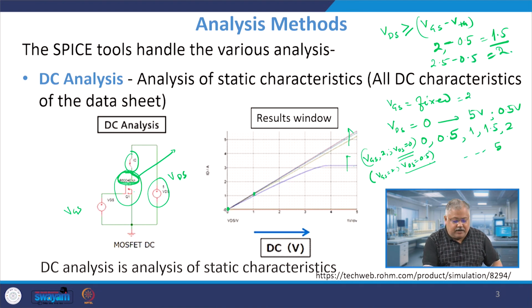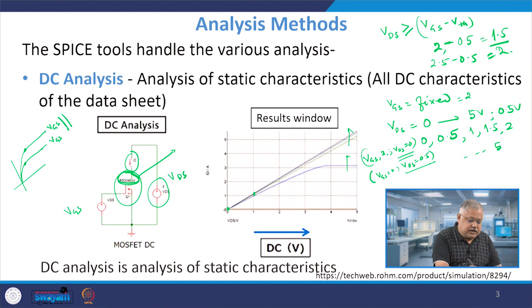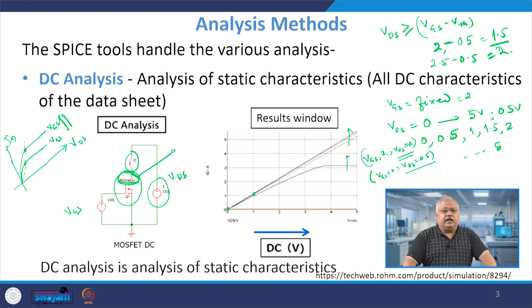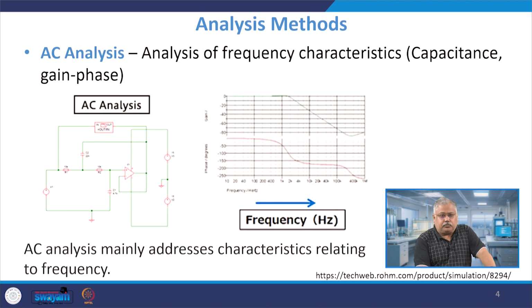So, what happens to your IV characteristics, which was starting from here, the saturation will start from here. So, this is your VDsat here and this is your VDsat. As the value of VGS goes on increasing in this direction, the VDsat value also tends to increase. This is current versus voltage, and this is the basic idea behind the DC analysis of the SPICE model which you see here.